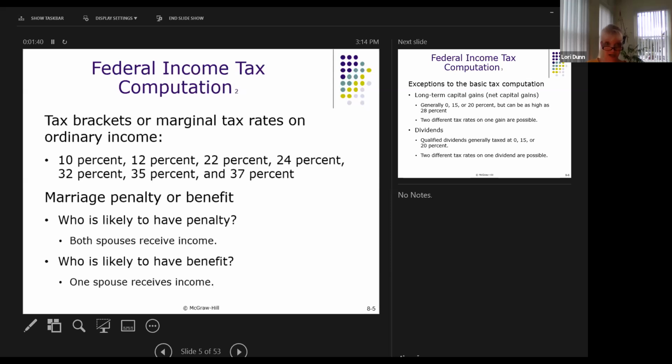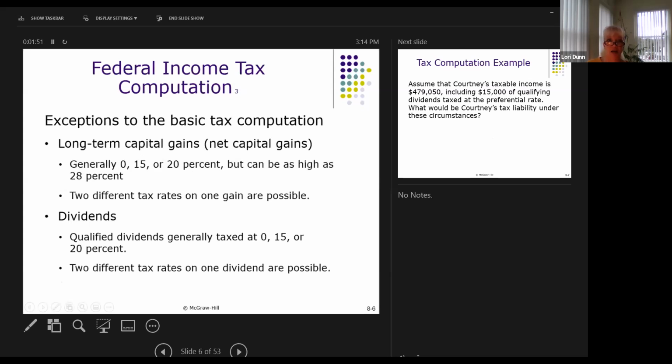So there are our tax brackets again: 10%, 12, 22, 24, 32, 35, and 37. Don't worry about this penalty. Here's where we want to focus. If you have long-term capital gains, remember, your tax on those may be at 0%, 15%, or 20%.